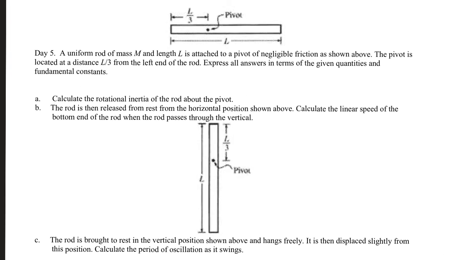All right, so the rod is released from rest from the horizontal position shown above. Calculate the linear speed of the bottom end of the rod when the rod passes through the vertical.